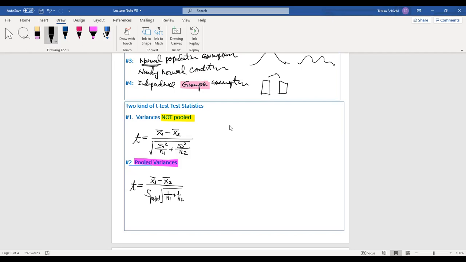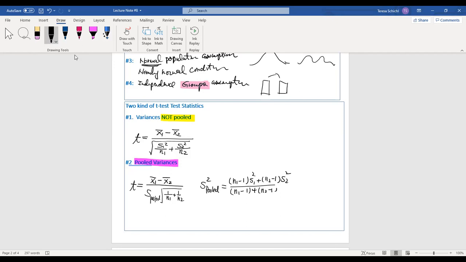So what is the S pool? The S pool is N1 minus 1 times S1 squared plus N2 minus 1 times S2 squared, divided by N1 minus 1 plus N2 minus 1.